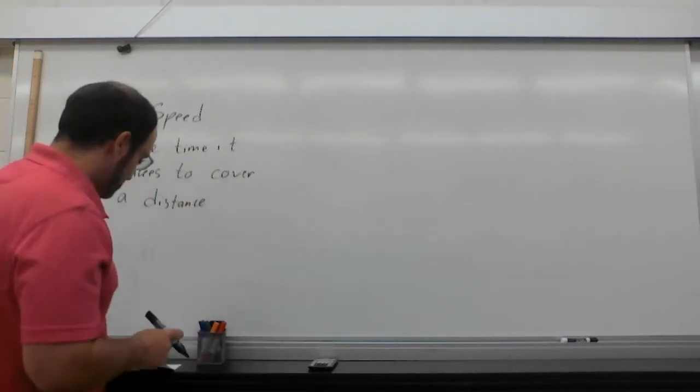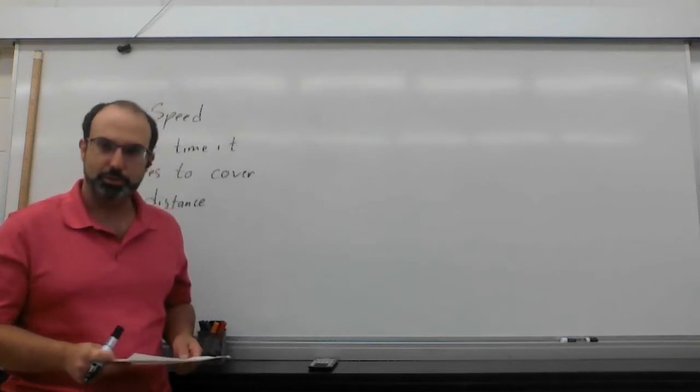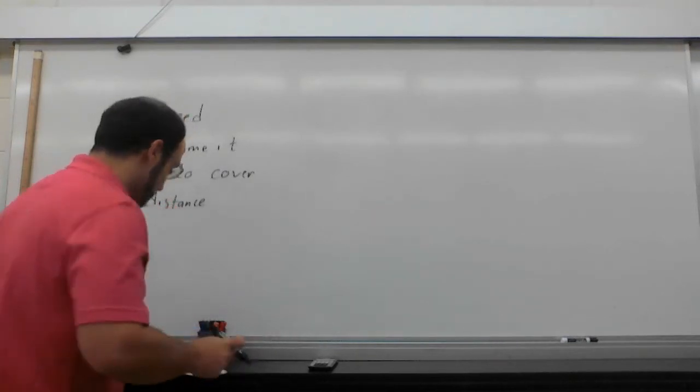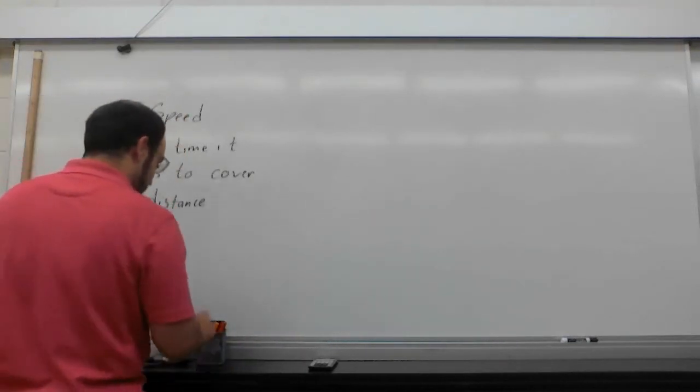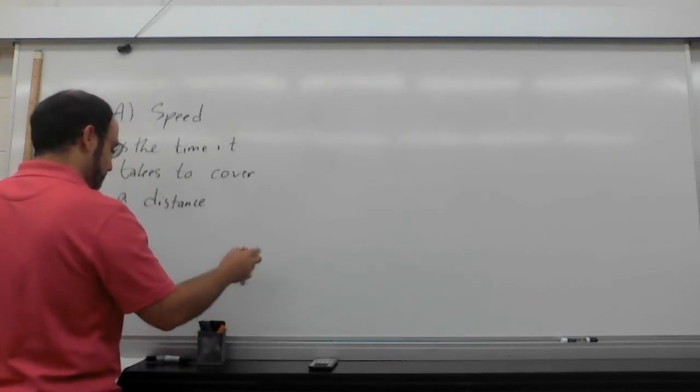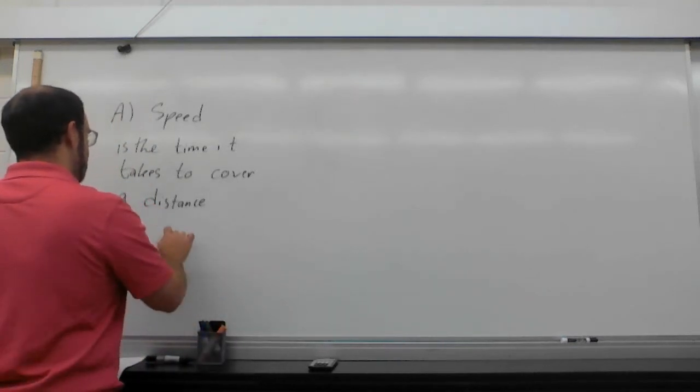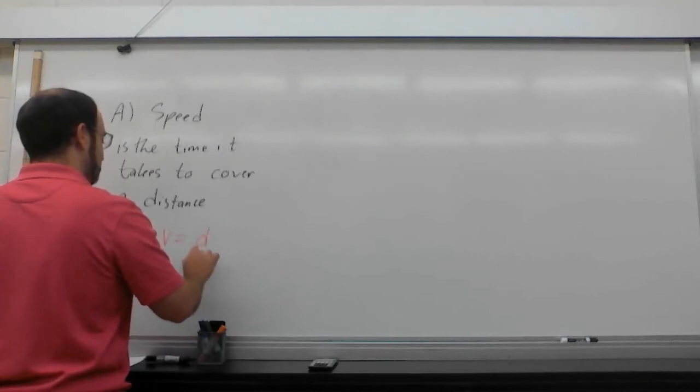There's no direction to this, so the answer is only stated with a magnitude. And the key thing here that we're going to be dealing with is the formula. The formula for speed is just v equals d over t.